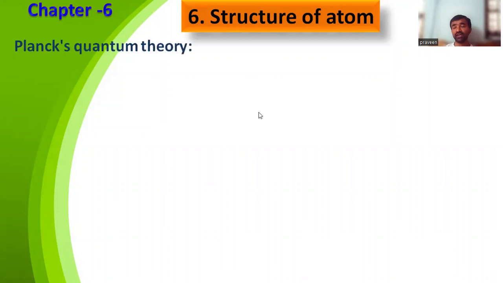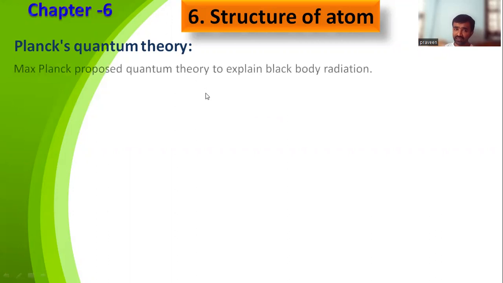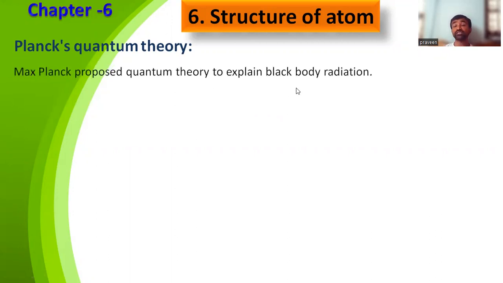In that way, Planck's quantum theory helped. So what actually is Planck's quantum theory? In Planck's quantum theory, we are discussing radiation, especially by the black body. Max Planck proposed a quantum theory to explain black body radiation. Radiation means heat energy that is transferred from one place to another without any contact or without requiring a medium.